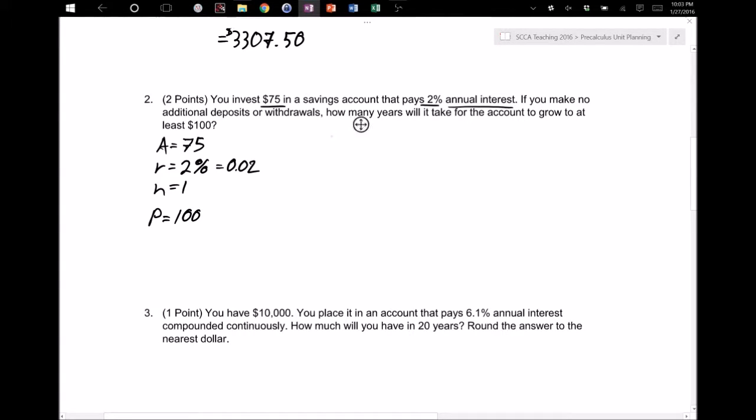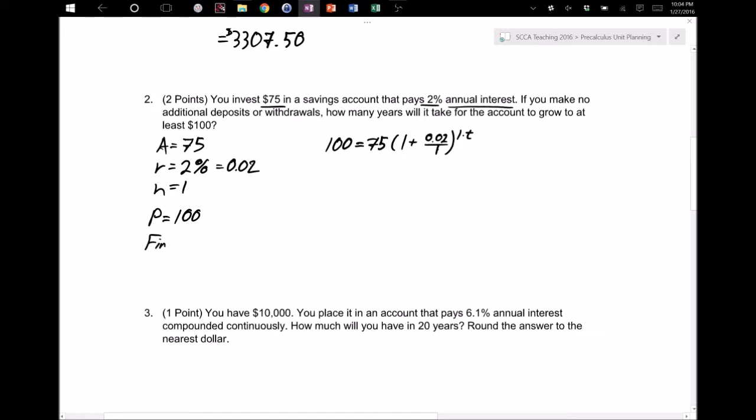All right, so we set it up the same way, except now we know our ending balance, we know our starting balance, and then we set everything else up. My N is 1 times 1 times T. I don't know the time.